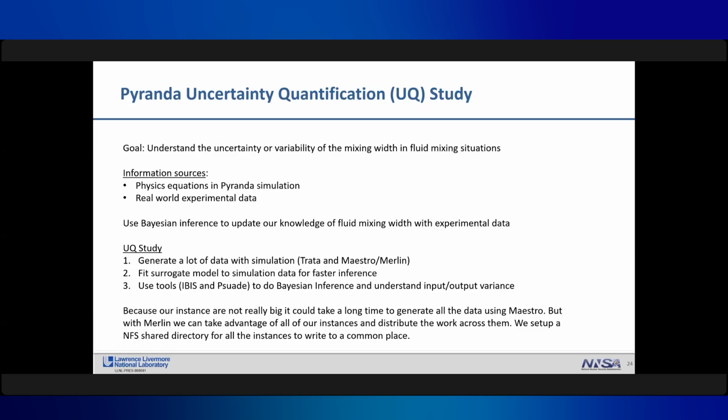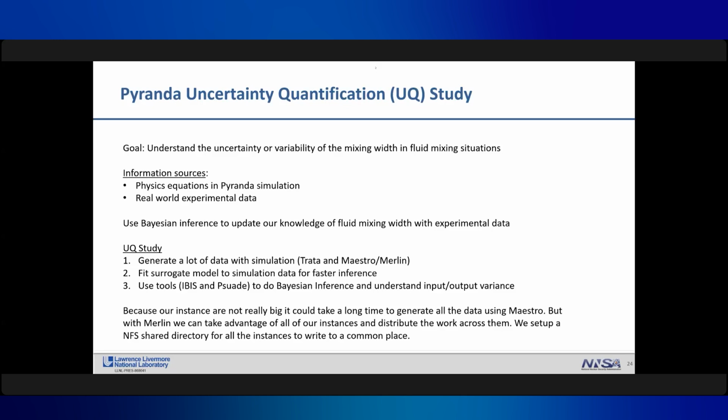Then we'll use IBIS and pSwade to do the Bayesian inference that will help us understand the input and output variance. Because our instances are not very big, we're going to use Merlin to take advantage of all of our instances to distribute the work across them. Okay, go ahead, Brian.